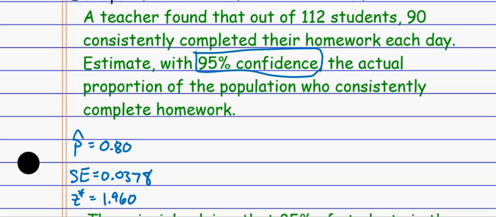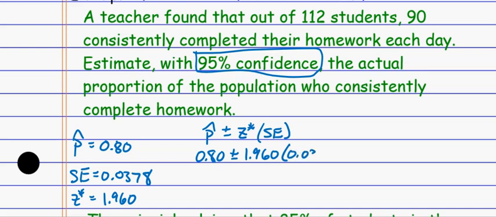It's going to be between two values that are centered around the data I collected, all right? So once again, my formula is p hat plus or minus the critical value times the standard error, okay? So p hat this time is the 0.80 plus or minus the z-score that we're going to use, the 1.960, times the standard error.